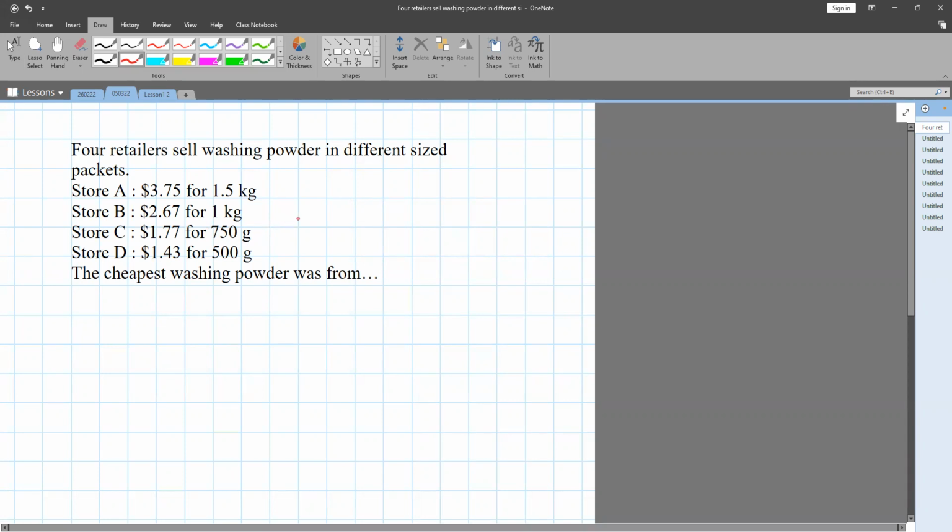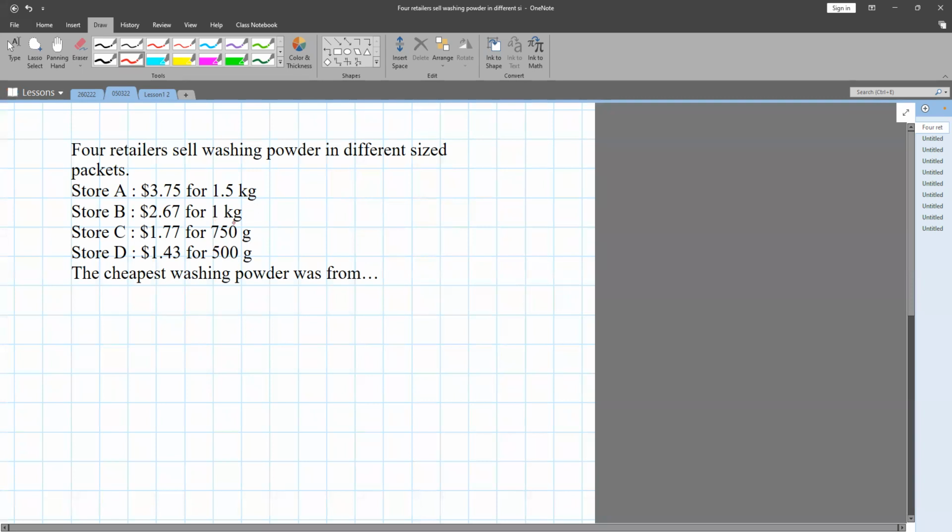Look at this. For example, when you look at the weight here, you see it in kilograms, but this one is in grams. That's quite difficult to see because the numbers are quite different. This is 1.5 and then 1, but then this is 750, 500.